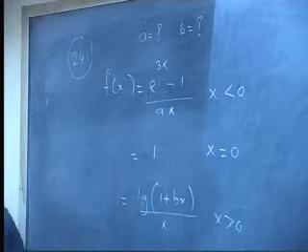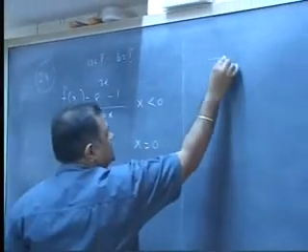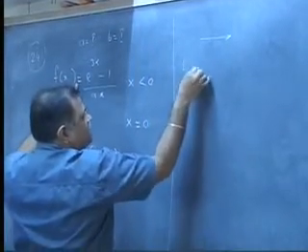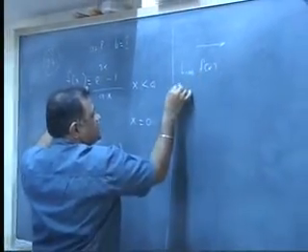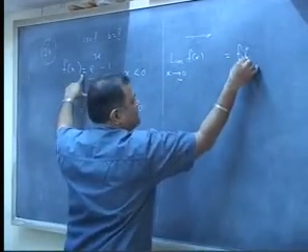Is the concept clear? So we'll write down, since the function is continuous at x equal to 0, limit of f(x) as x tends to 0 from negative side must be equal to f of 0.